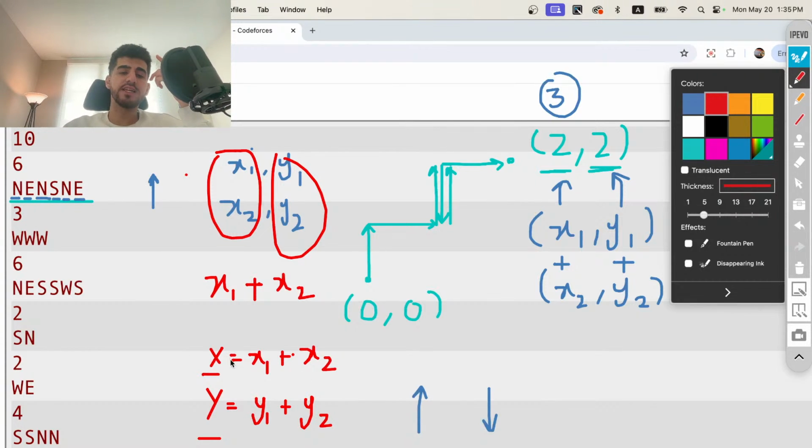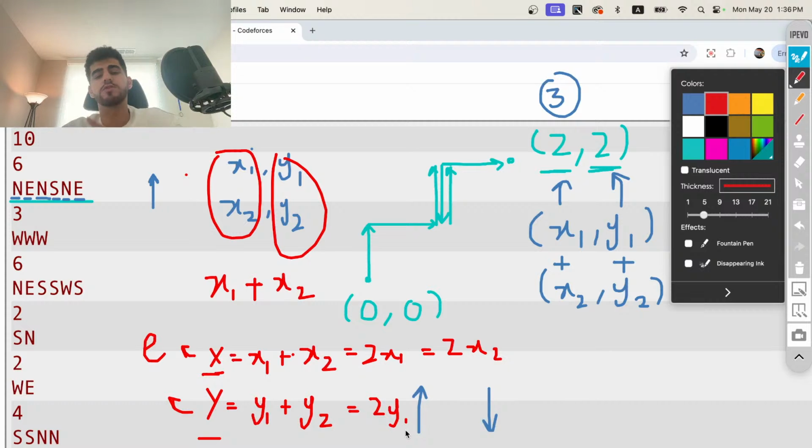So now I'm saying that these numbers should be even. Why should they be even? Because I want x1 and x2 to be equal. So x1 plus x2 should be equal to 2 times x1 and also equal to 2 times x2. Okay, so they should be even. X and y should both be even, and y1 plus y2 is definitely equal to 2 times y1, and also equal to 2 times y2.